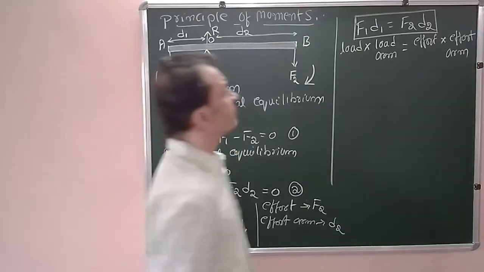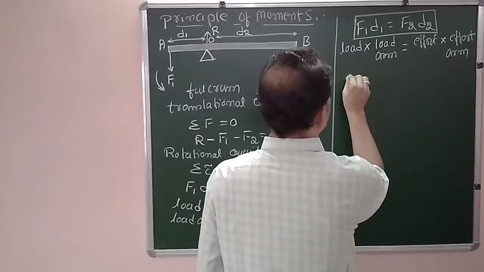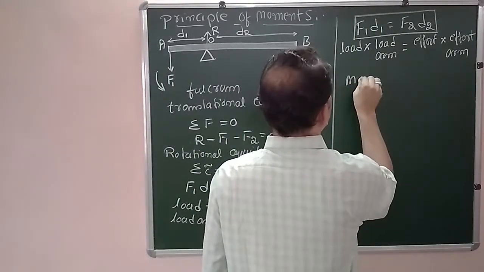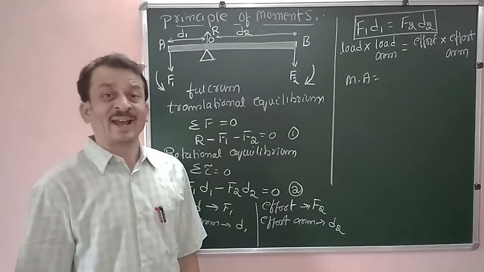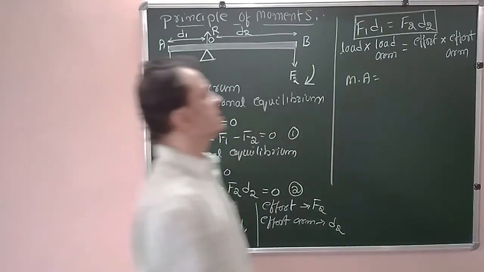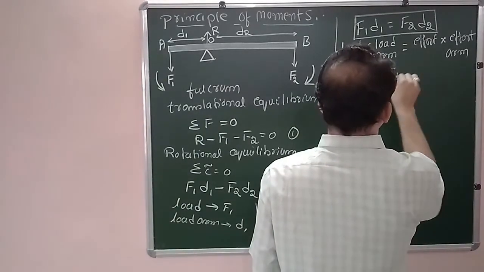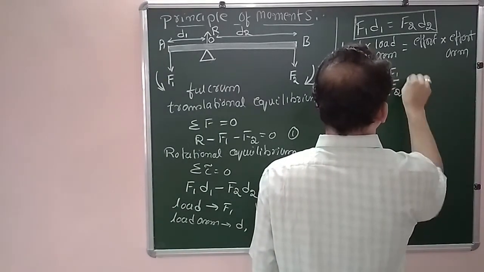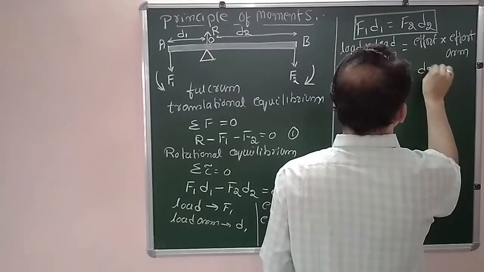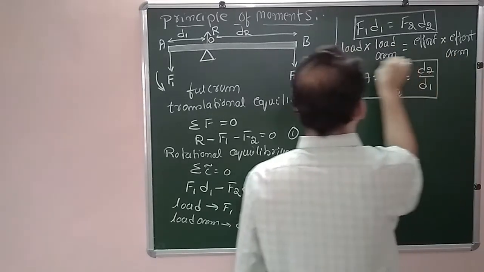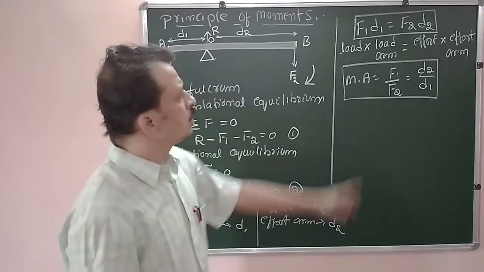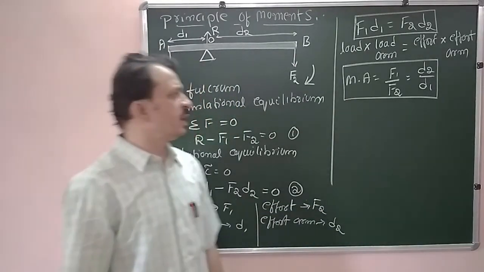Now from that formula we can write the mechanical advantage, MA. It can be written as F1 by F2, that is equal to d2 by d1. Now this is called the mechanical advantage.